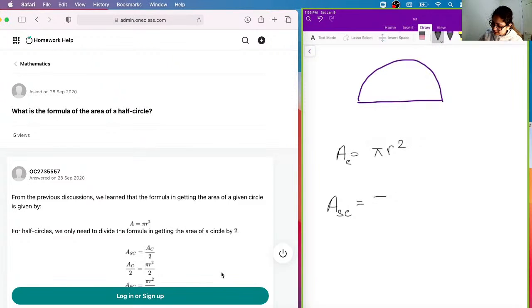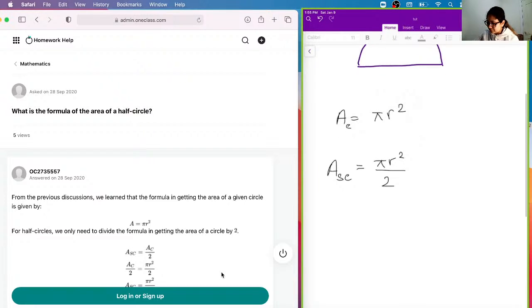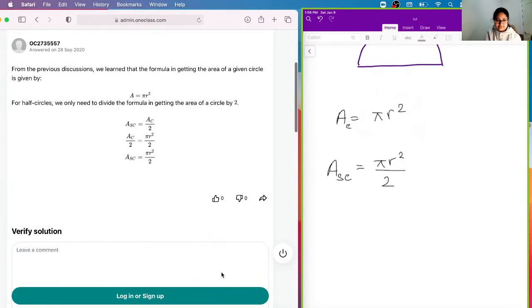So you would have pi r squared over 2, right? Since this is half of a circle, it would be half of the original formula for a circle. So you just have to divide the whole term, the area, by 2. So yeah, this is correct.